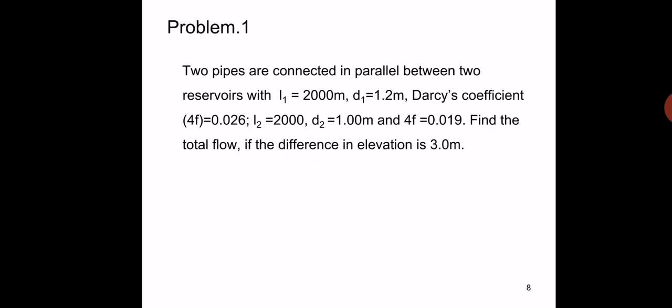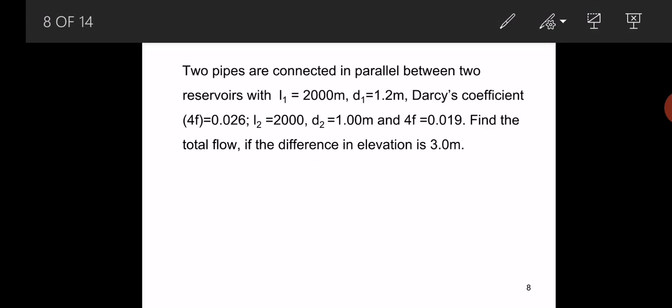So let's go for problem number 1. Two pipes are connected in parallel between two reservoirs. L1 is equal to 2000 meters, D1 is equal to 1.2 meters, Darcy's coefficient 4f is equal to 0.026. L2 is equal to 2000, D2 is equal to 1 meter and 4f is equal to 0.019. Find the total flow if the difference in elevation is 3 meters.